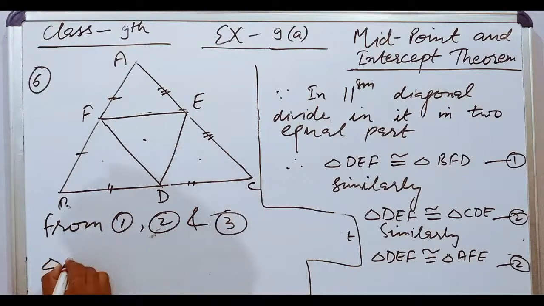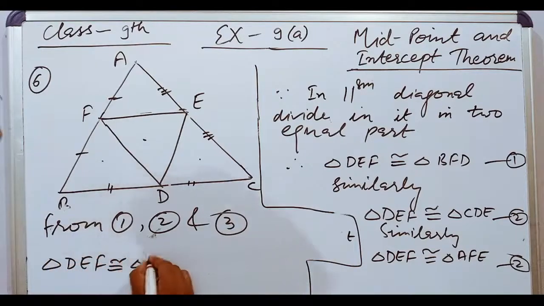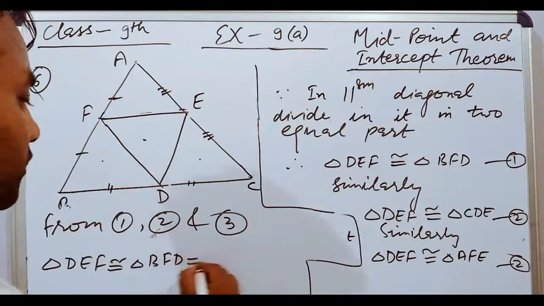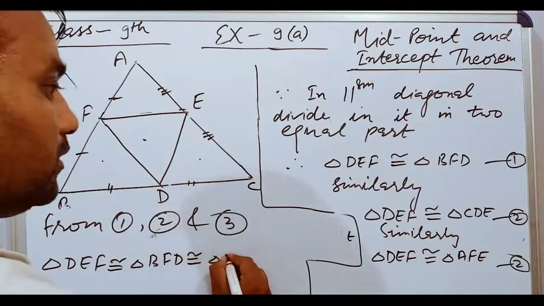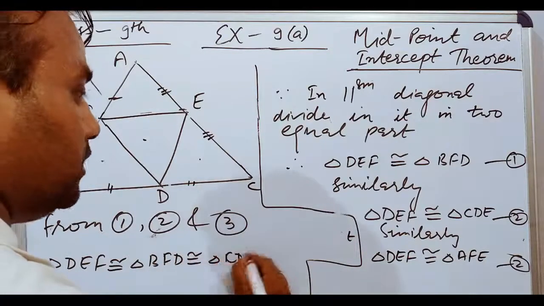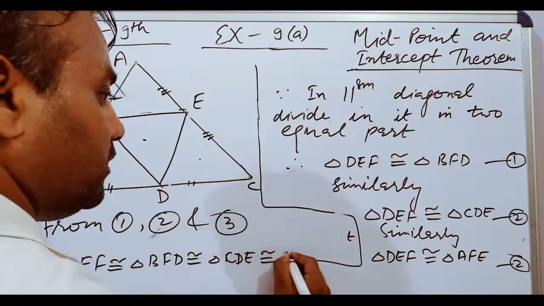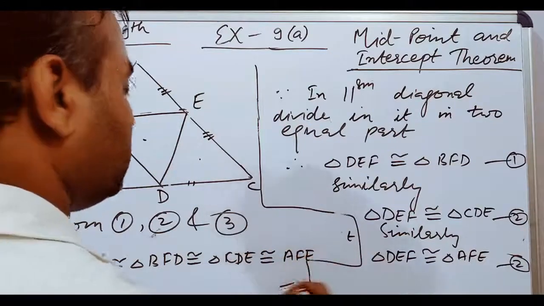It is proved that triangle DEF is congruent to triangle BFD is congruent to triangle CDE is congruent to triangle AFE. Proved now. Okay, dear students.